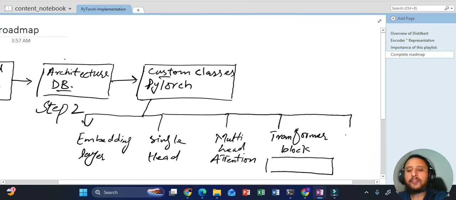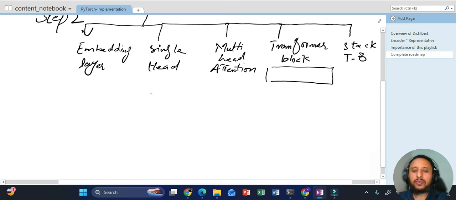Then finally we are going to stack all of these transformer blocks, because in the DistilBERT model we have a stack of six transformer blocks. Then finally we are going to implement the classification head.